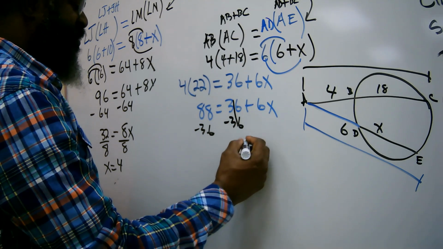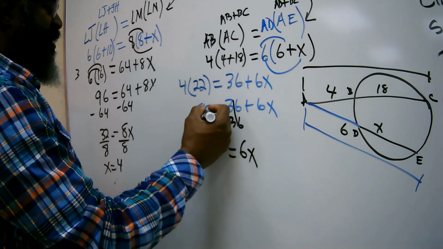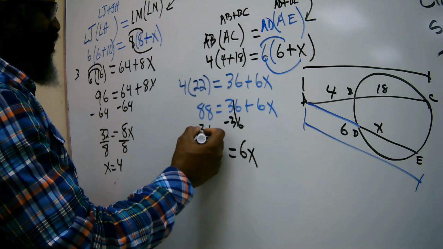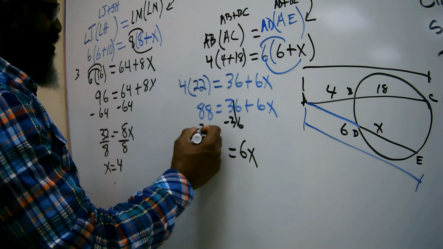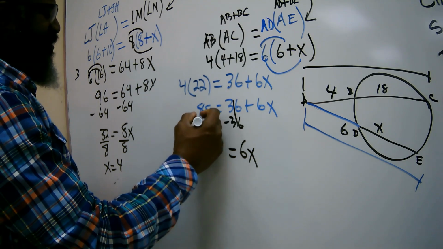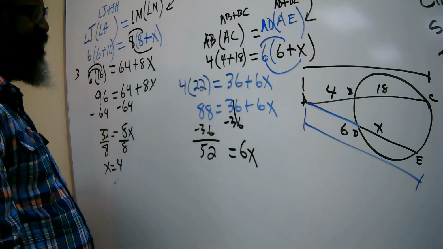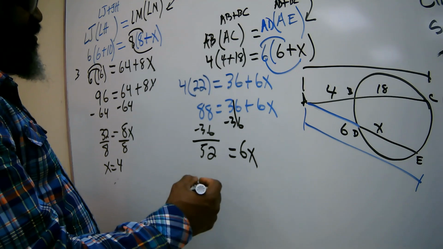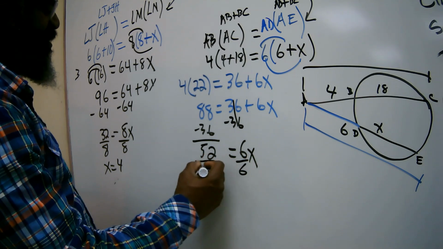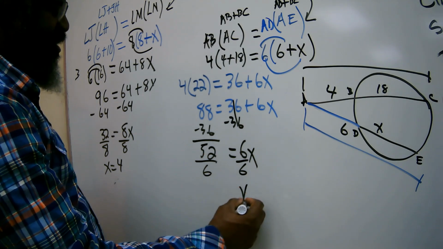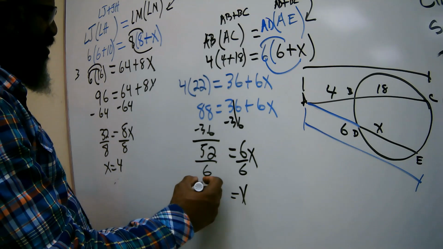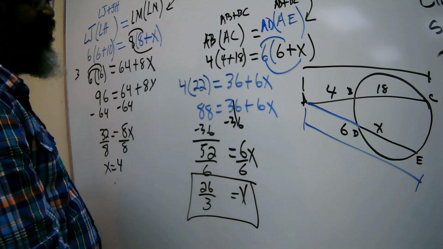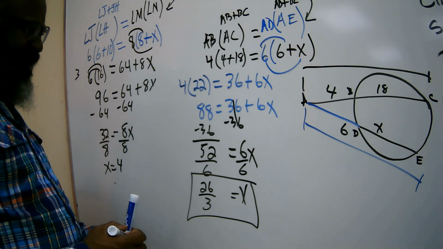This cancels, you will end up with 6x equal 52, and you divide by 6. In this case, it does not go evenly. You can simplify that by 2. That will give you 26 over 3. That is the value of x.